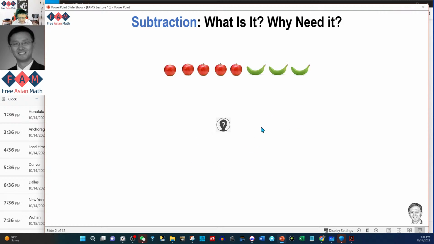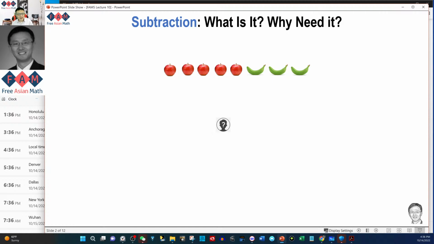Okay, let's first consider a familiar problem that we have already studied. When we studied addition, we looked at this problem: if we have 5 apples and 3 bananas, how many fruits do we have in total? We know this is 5 plus 3, but what exactly is 5 plus 3?